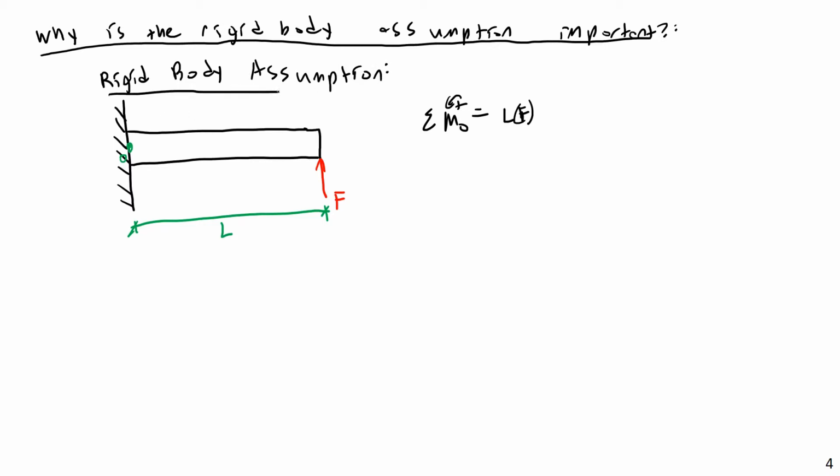But what if this is not true? What if the beam can deform? What happens then? So let's say we have the same point O here, and I now have the same beam.